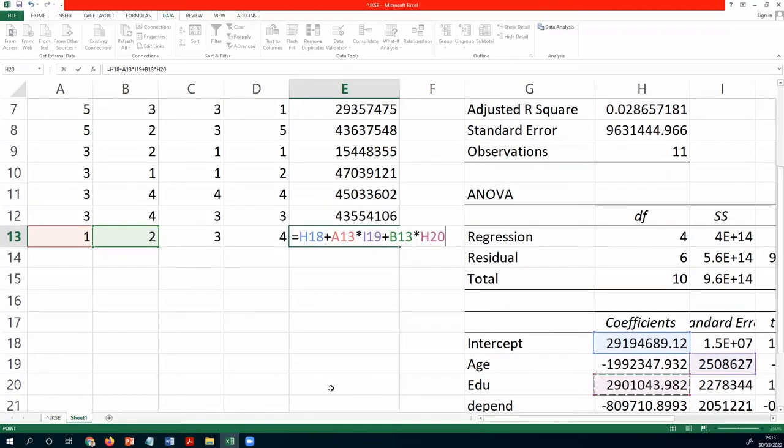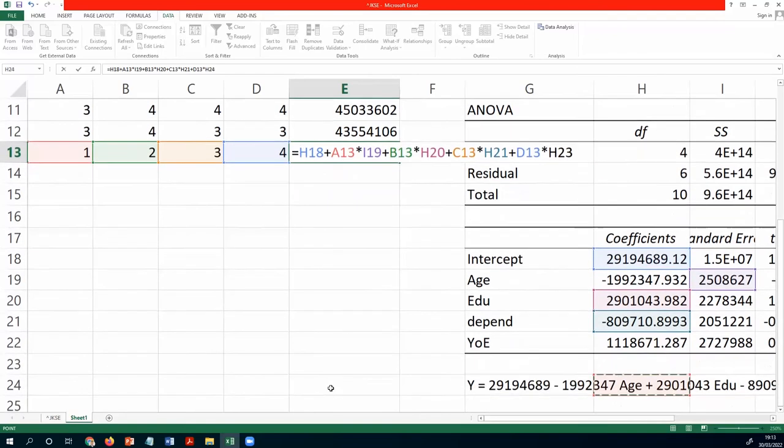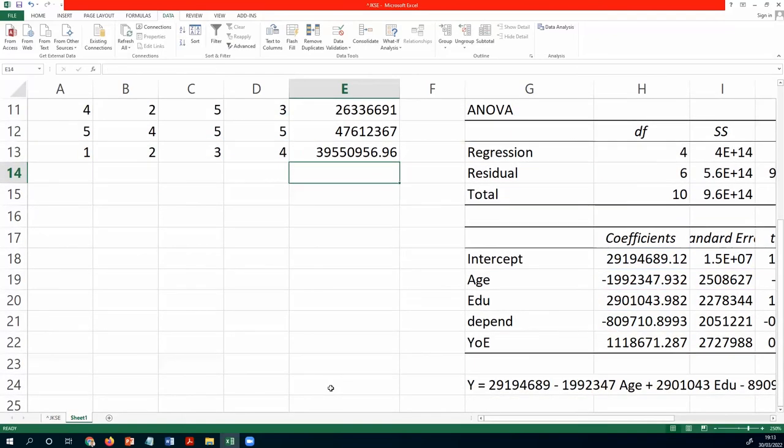Oh no, number 2 is edu, plus C times the coefficient of dependents, plus D times years of experience. This is the salary. Yeah. 39 million. 3 million something. 3 million. No, 39 million. Yeah. So this is the salary.